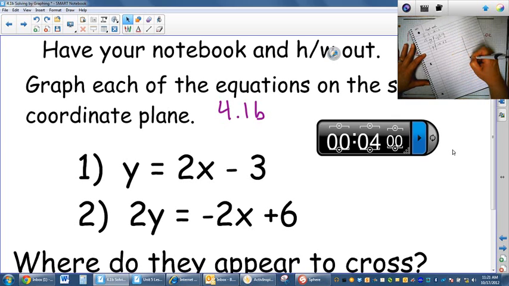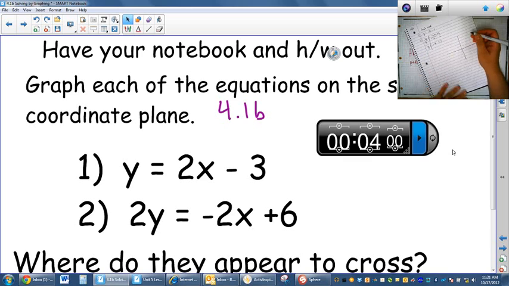Okay, you should have those first 2 problems copied down. And what I would like you to do is graph both of those lines on the same coordinate plane. So if someone could be so kind as to remind us, what form does our linear equation have to be in order for us to be able to graph it easily?